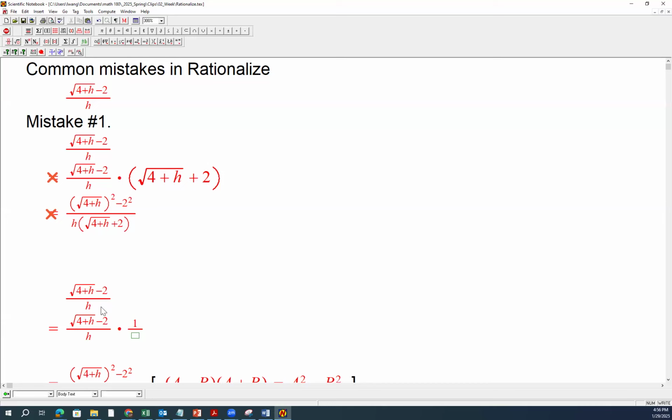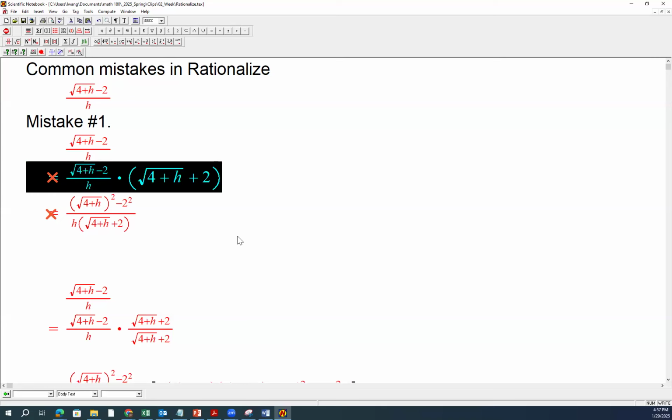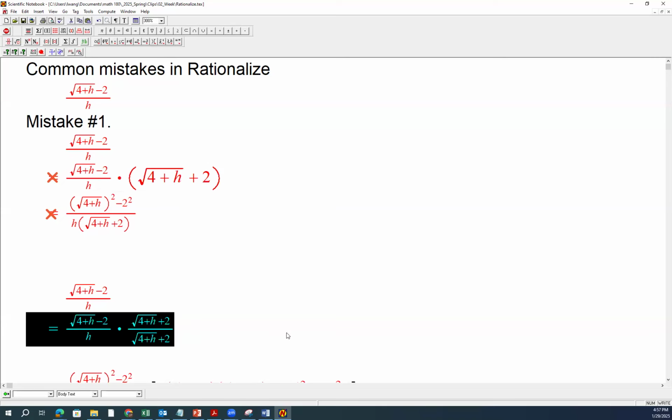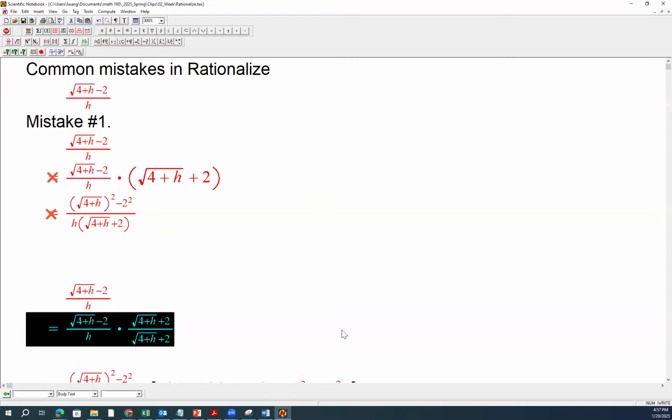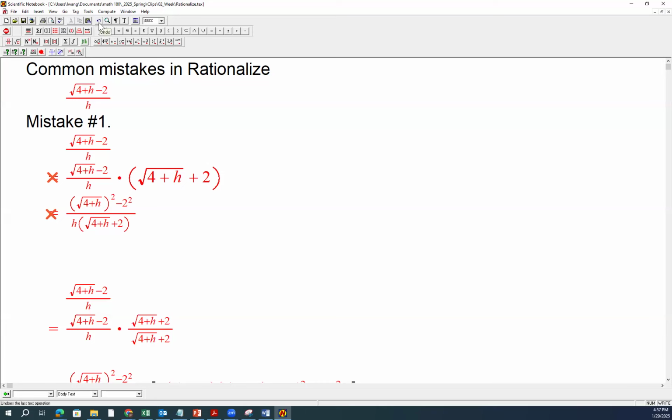So the way we make the 1 is to make the numerator the same as the denominator. You can see this is the wrong one and this is the right one. This is a rather common mistake, so please do not make this kind of mistake. All right, let's continue.